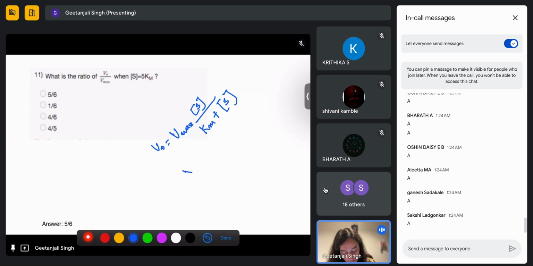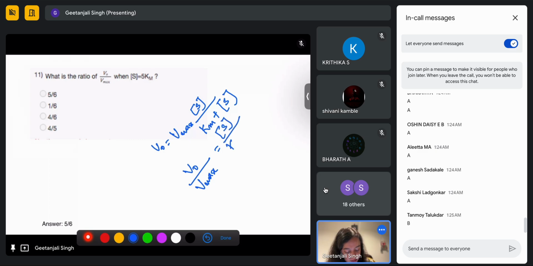What we can do is bring the Vmax here, so V naught by Vmax is concentration of the substrate by Km plus concentration of the substrate. We know the concentration of substrate is 5 Km, so I'll just replace it.